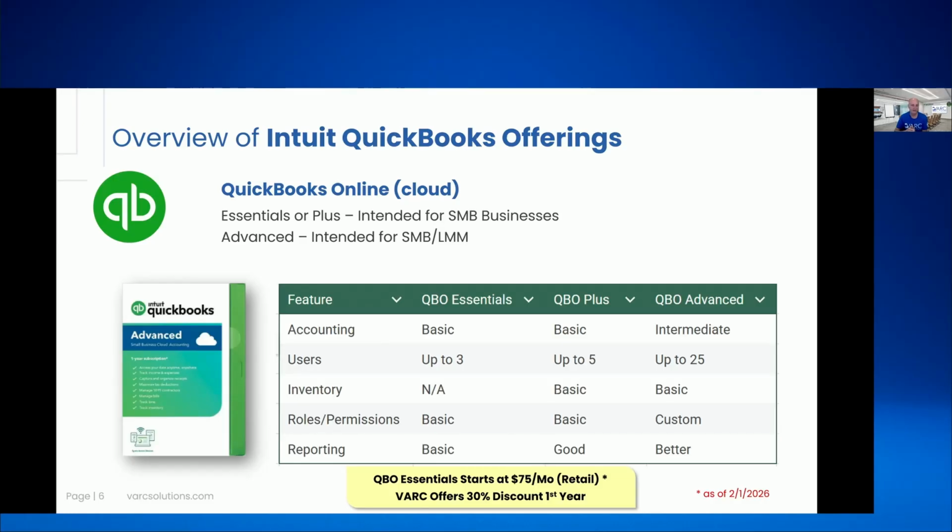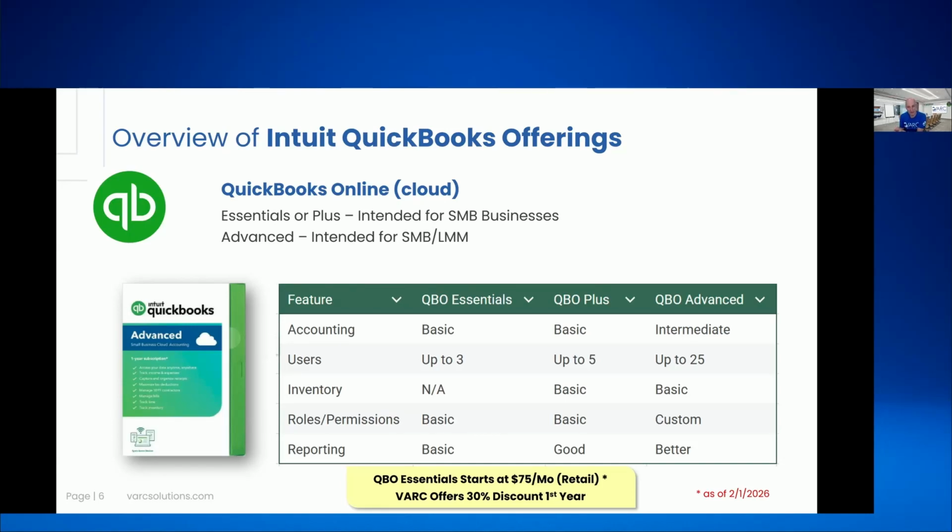One of the key differentiators for the higher tier, like QuickBooks Online Advanced, is that it has better and more customizable roles and permissions. So if you've got a company where you have project managers and salespeople, not just accounting folks, in QuickBooks Online, because maybe they're doing estimates, maybe they're doing purchasing for you, you want to be able to have roles defined to allow people to do certain things, but not other things.